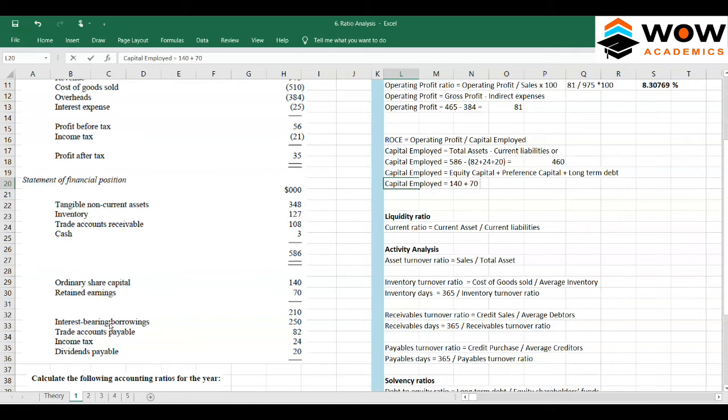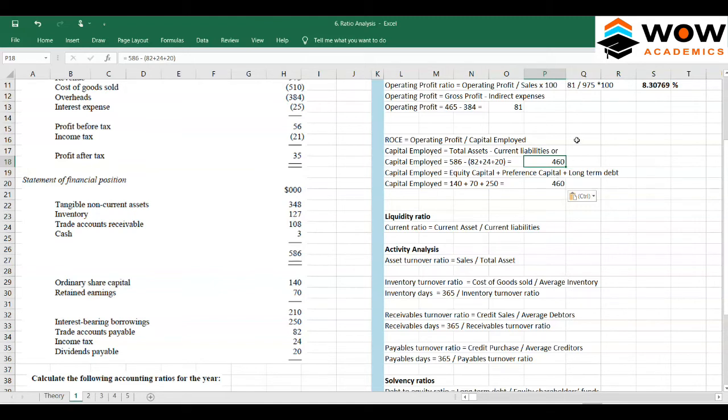Interest bearing borrowings is long-term debt, so that is 250. So put together, either way you compute, it will give you the same answer, 460. Whichever method is easiest, you do it, and you will get the answer.